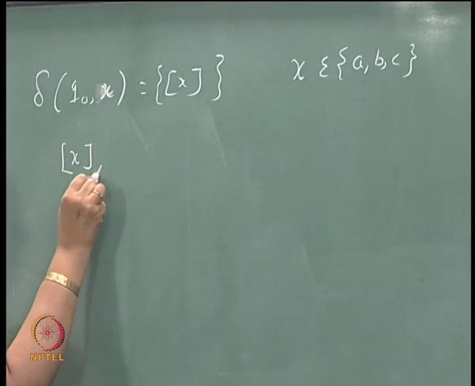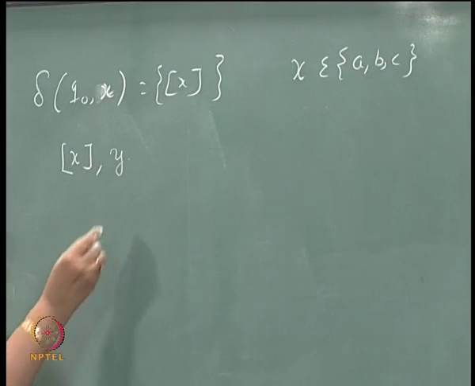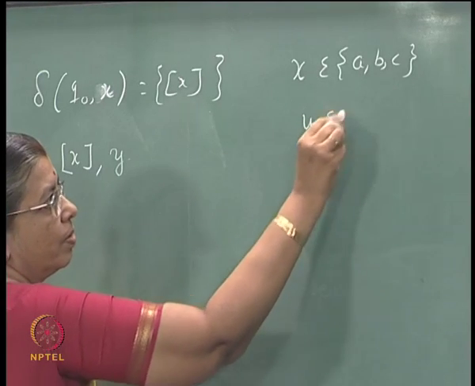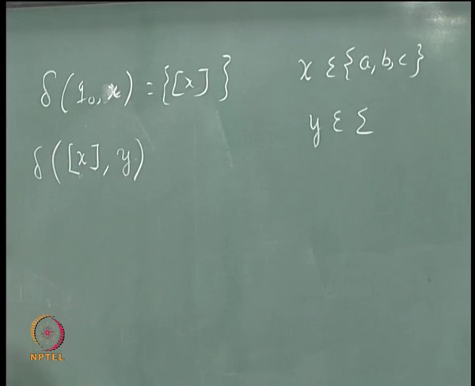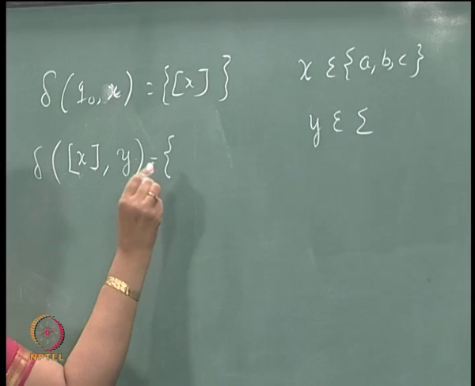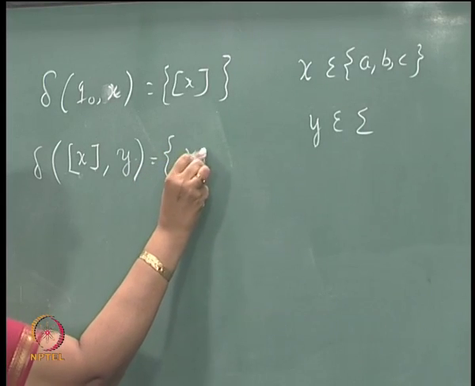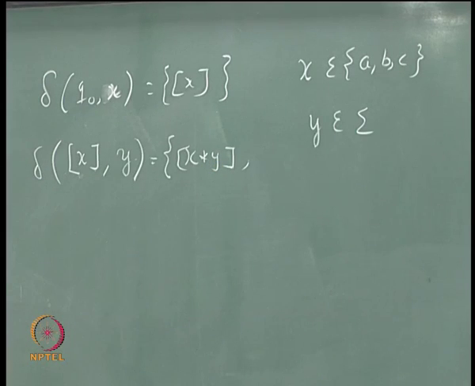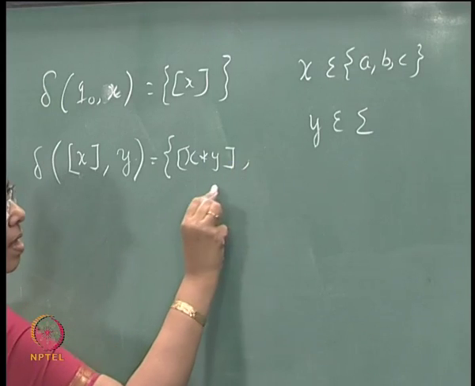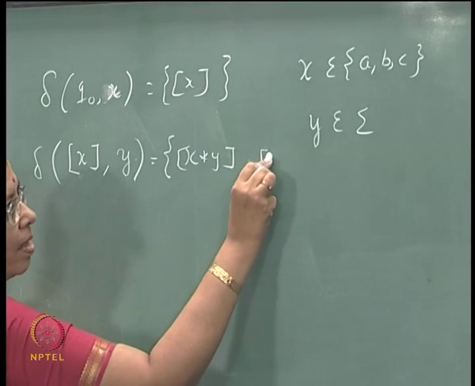Then from this state, if you get a y, where y is also a symbol and x is a state, what will this be? There are two possibilities here. Either you go to x star y, right, or x comma y.